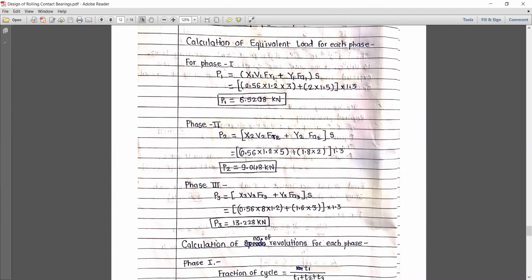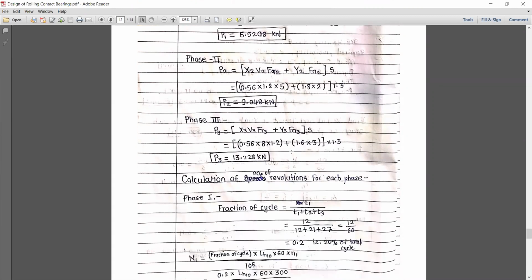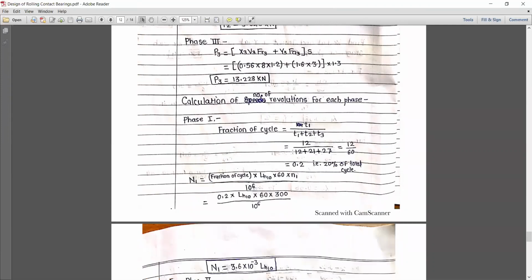For phase number 1, we get the value of P as 6.5 kilonewton. For phase number 2, 9.048 kilonewton, and for phase number 3, the value we get is 13.228 kilonewton. Okay, as the phase changes, the equivalent load increases as per the given problem.